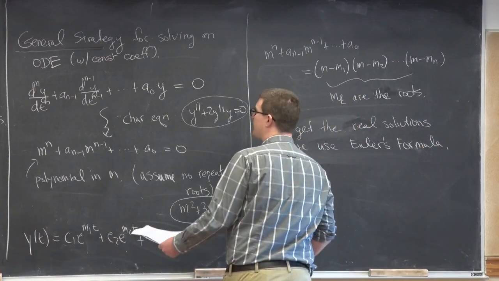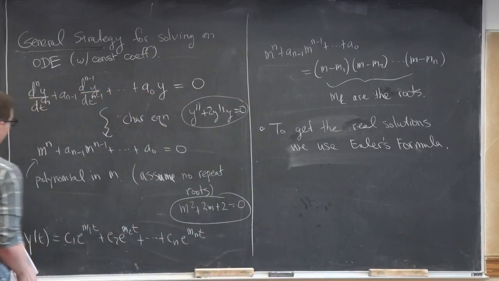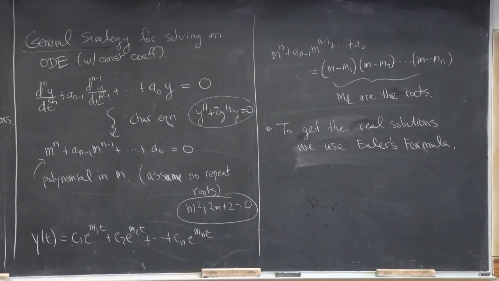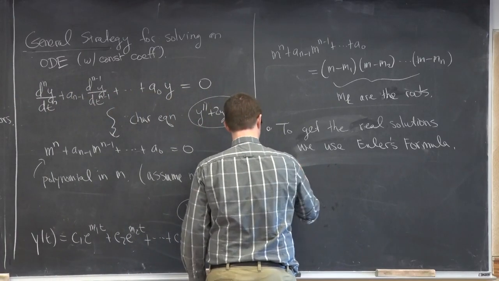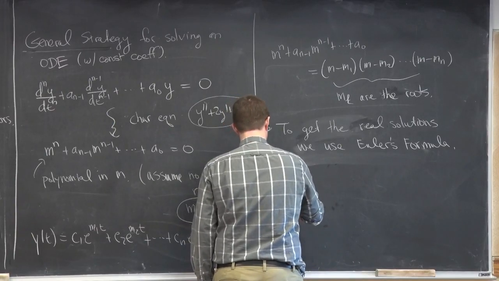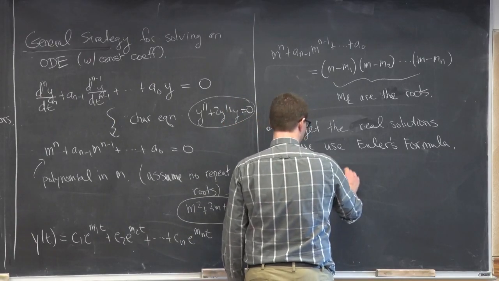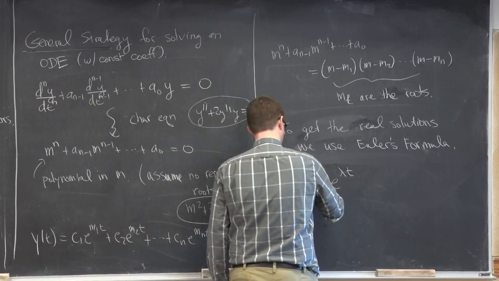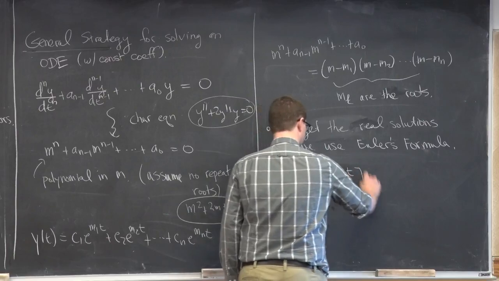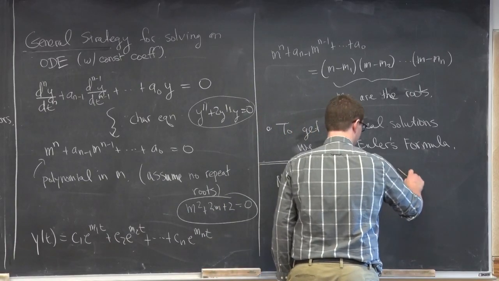Okay, and then the observation is, where are the eigenvalues and eigenvectors appearing here? We noted before that the operator applied to e to the lambda t is equal to lambda e to the lambda t.